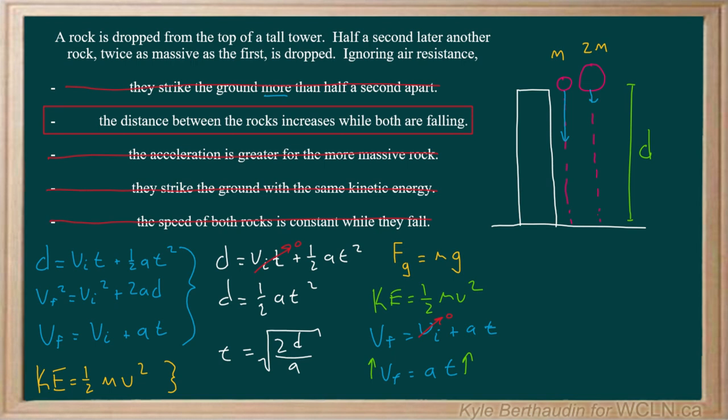But at this point, the velocity of mass m is much bigger than the velocity of mass 2m, when m has been falling for a while and then 2m is just released. And so the distance between the two rocks is going to be increasing, since the mass m is going to have a higher velocity than the mass 2m at all times besides at the very bottom. So the distance between them, therefore, will increase.